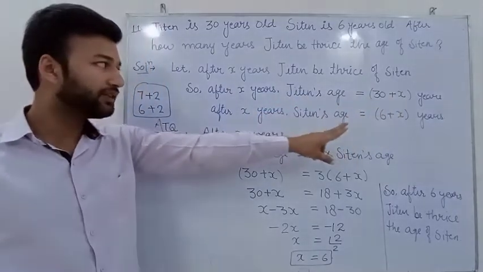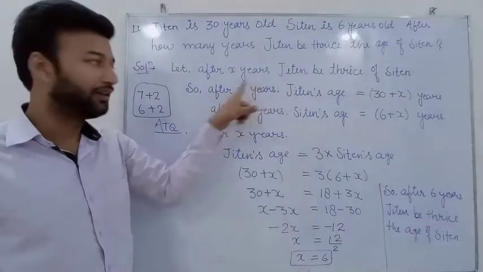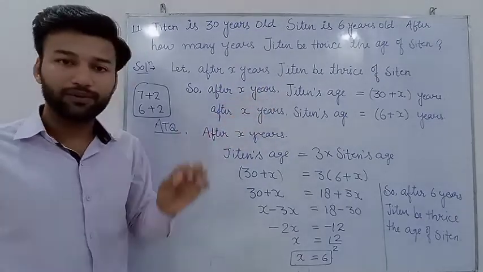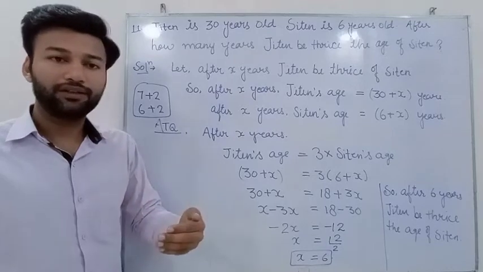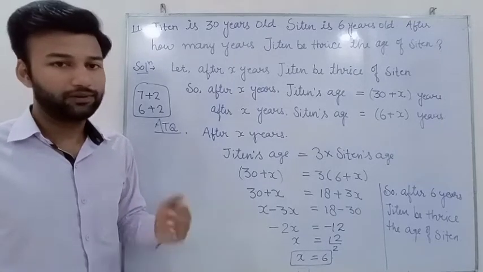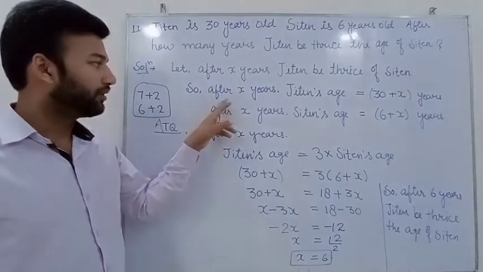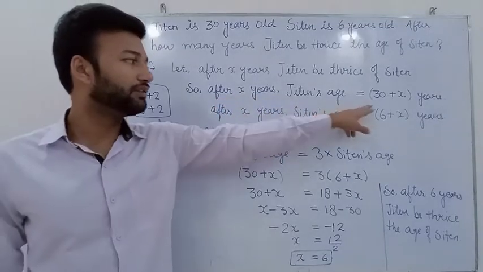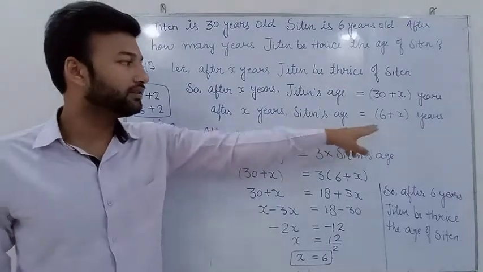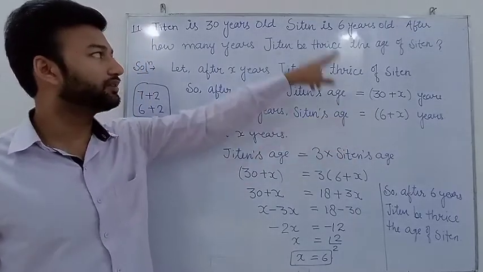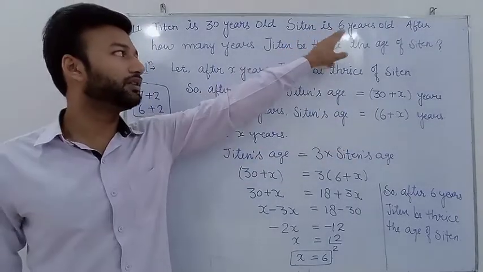Why 30 plus x? Because after x years. So if your age is 2 years, after 3 years, your age will be 5, that is 2 plus 3. Similarly, after x years, Jitin's age is 30 plus x years. And after x years, Sitin's age is 6 plus x. Why 6 plus x? Because present age of Sitin is 6 years.